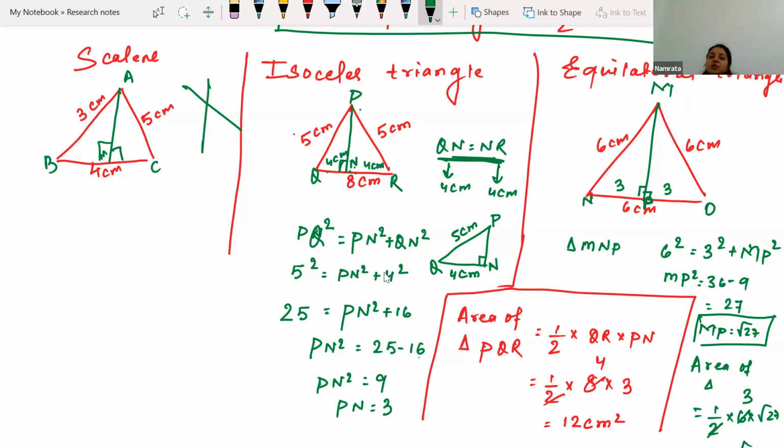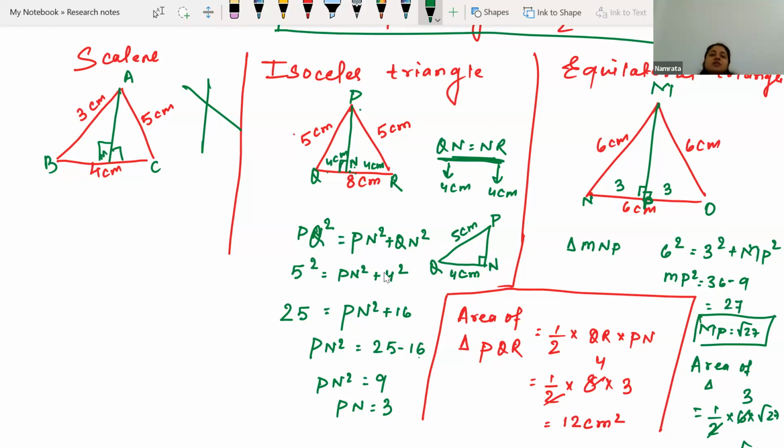So when height is not known, when it is not possible to find the height, Heron's formula is the rescue.